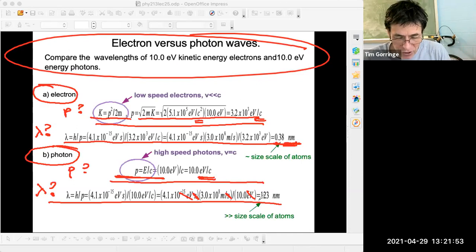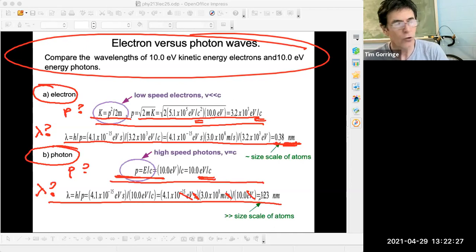So it's an interesting problem because we started with two objects, the electron and the photon. They both had 10 electron volts. But although they both have 10 electron volts, they're very different beasts if you think about them. The electron is non-relativistic; it's moving much slower than the speed of light.